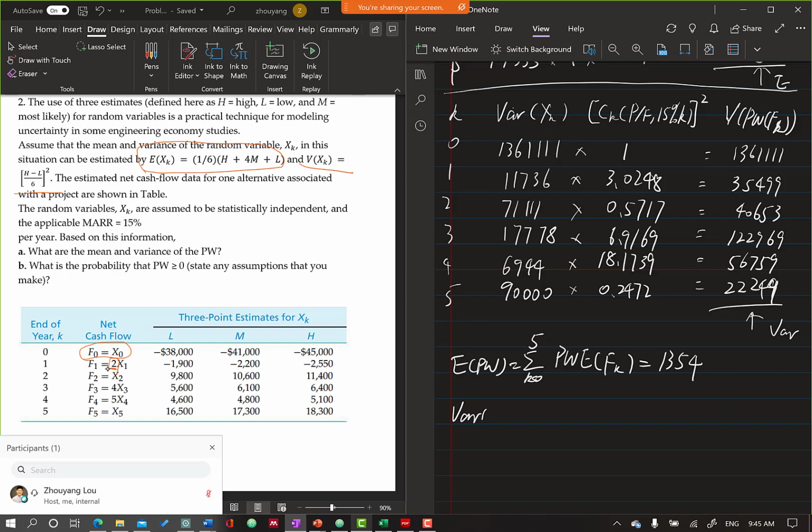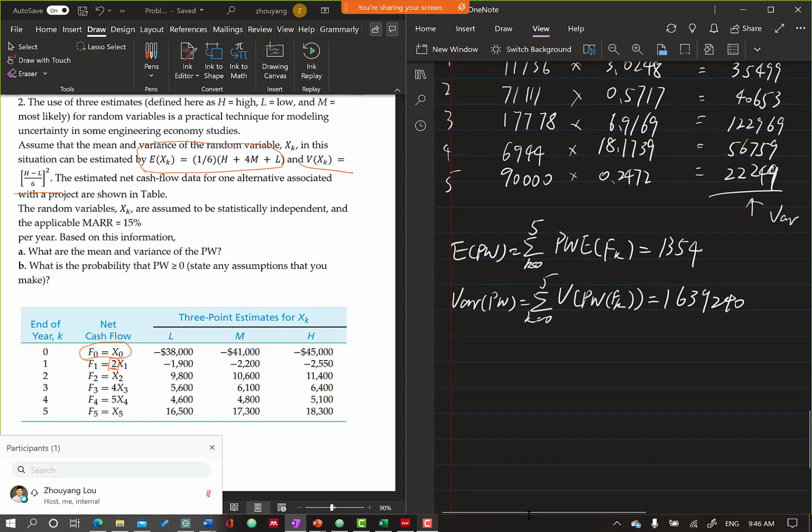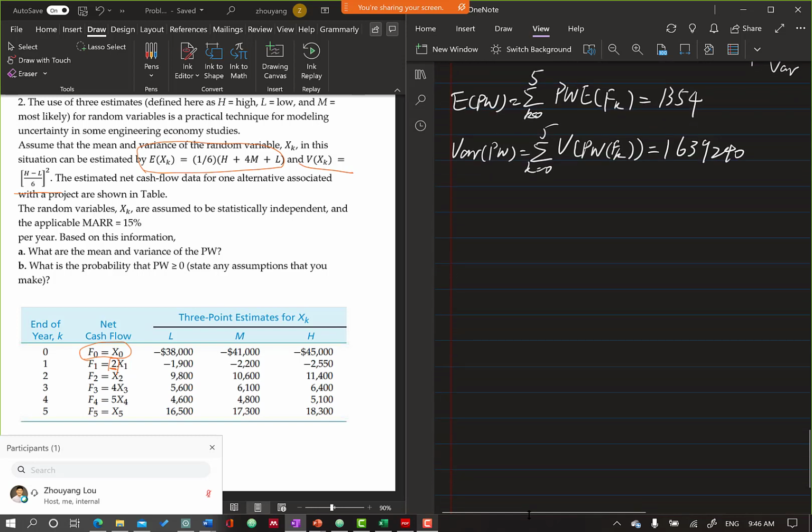The variance of the present worth will just be the summation of all the variance of present worth at year k, which would be 1639240. And we are done for the first problem.